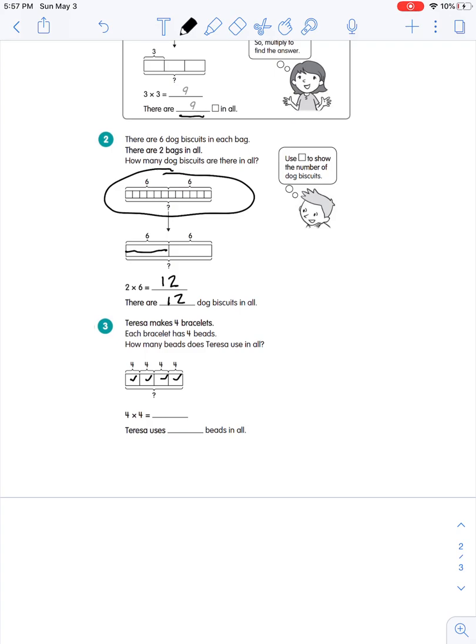They divided my bar into 4 squares, and those all contain 4 beads in each of them. So I have 4 groups with 4 in each group. So 4 times 4. I'm going to skip count by 4s. 4, 8, 12, 16. So I know Teresa is going to use 16 beads in all.